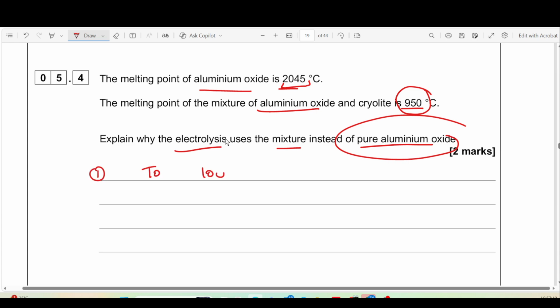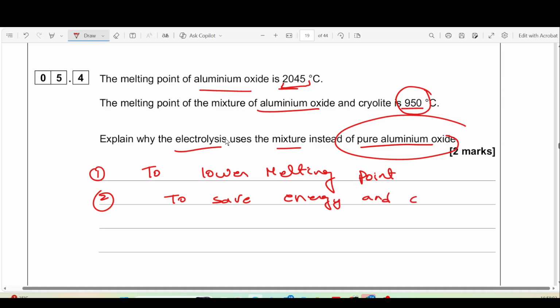To lower the melting point. Second is to save energy and cost, because it's even less than half when we are using the mixture rather than pure aluminum oxide.